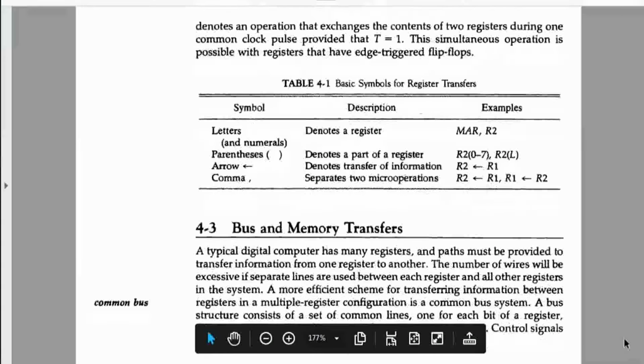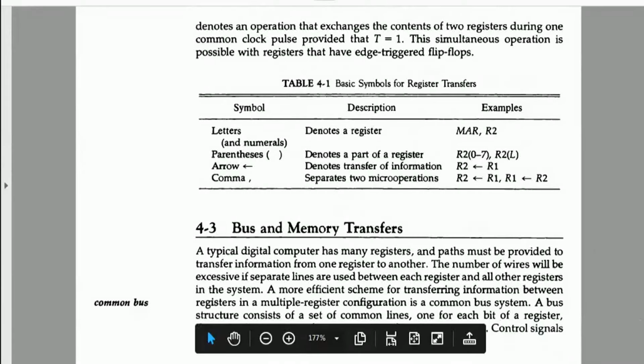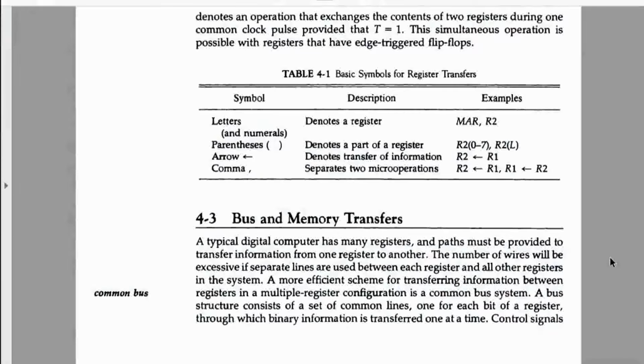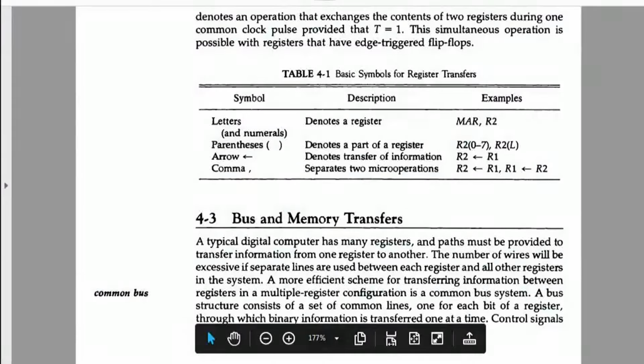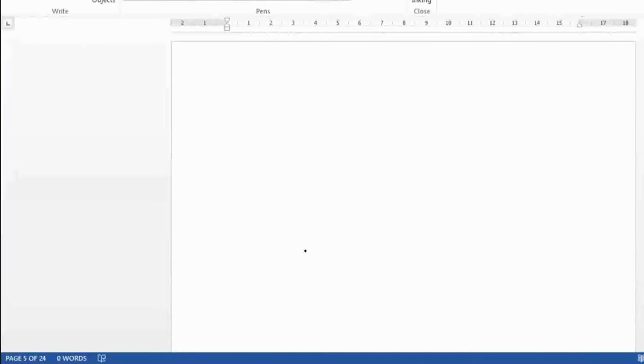Parts of a register, you can divide the register into higher order bits and lower order bits. आप 0 to 7 लिख सकते हो या L लिख सकते हो. L is lower order. Arrow is your replacement operator, and comma separates two micro operations. If I want to carry out two micro operations at a particular time, I'll separate them through a comma. Now let us move ahead.